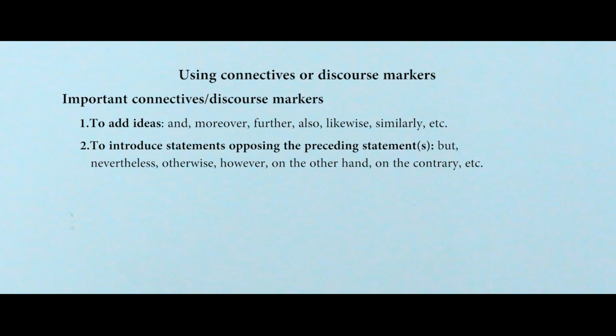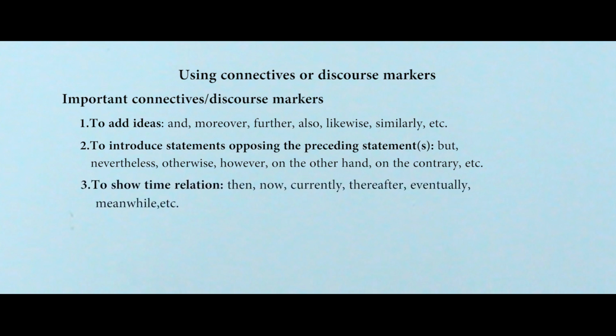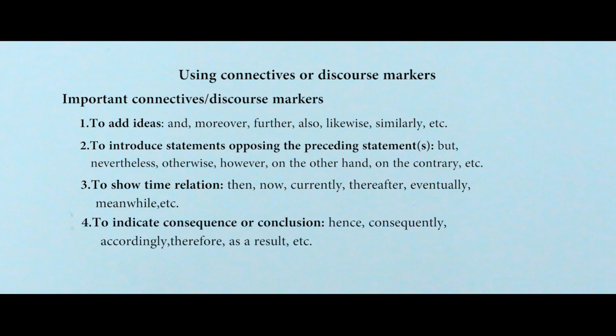To show a time relation, you may use words like then, now, currently, thereafter, eventually, meanwhile. Then, if you would like to indicate consequences or conclusions, that is, effects or inferences.